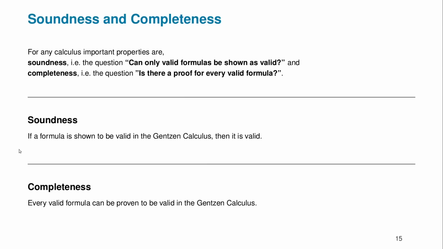We can show that this sequent calculus, which is also known as Gentzen calculus, after the inventor of this kind of reasoning, is sound and complete, which are very important properties of these proof systems. But this will go a bit beyond what we can do in this course. But it's not so complicated to show it. For us, we assume that sequent calculus is sound and complete.